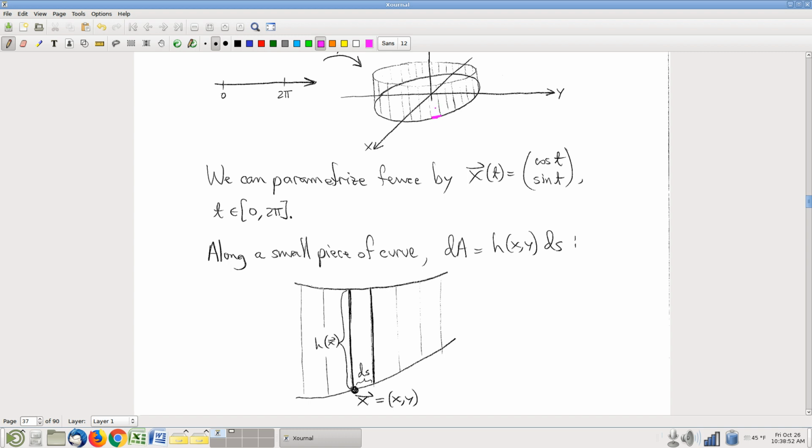For each piece of curve, we associate some amount of area. Does that make sense? Yeah. So either one's fine. Either one would work. I think this one's going to be easier in this case. Yep. Good question. Anybody else?